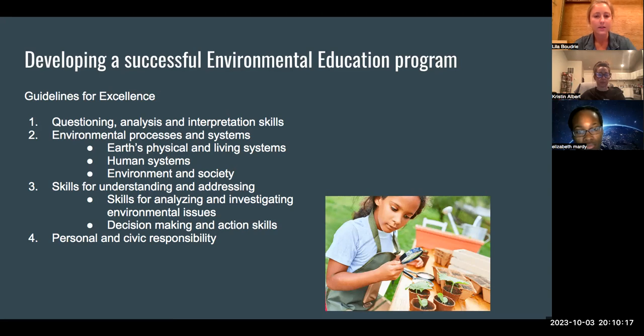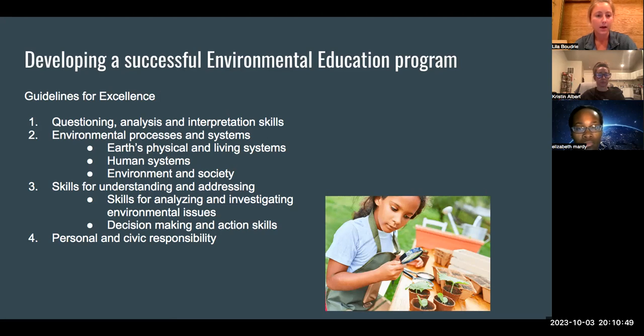The second point to this process is environmental processes and systems. So this is ensuring students have an understanding of systems and processes that make up the environment, including human social systems. Lesson plans will include topics like the hydrosphere, atmosphere, geosphere, etc. The goal here is to understand how human activities have long-term effects on our environments.